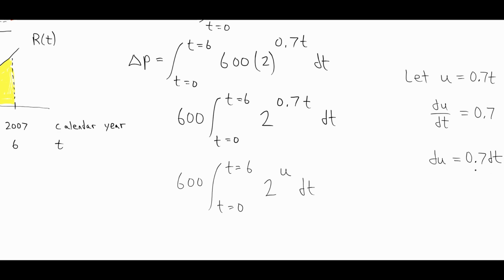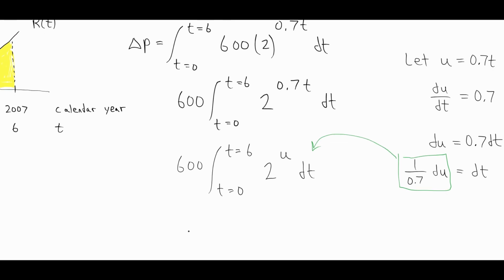I would now want to solve for dt and get this, so that I could now take that result and put it in place of dt in the formula here. So we're going to get 600, t equals 0 to t equals 6, 2 to the u times 1 over 0.7 du.